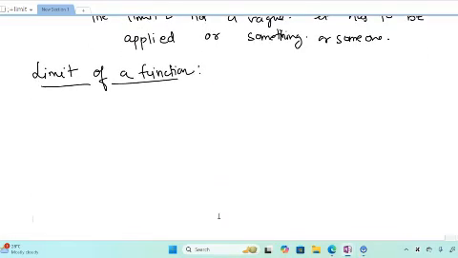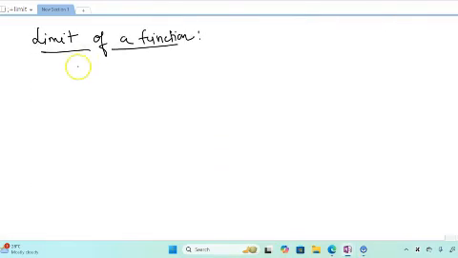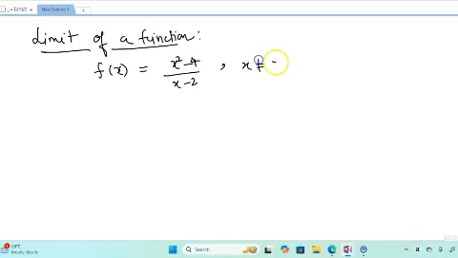So to understand the concept of limit, let's consider an example. Consider a function f(x) as x squared minus 4 divided by x minus 2, where x is not equal to 2. It is obvious why we are taking x not equal to 2.